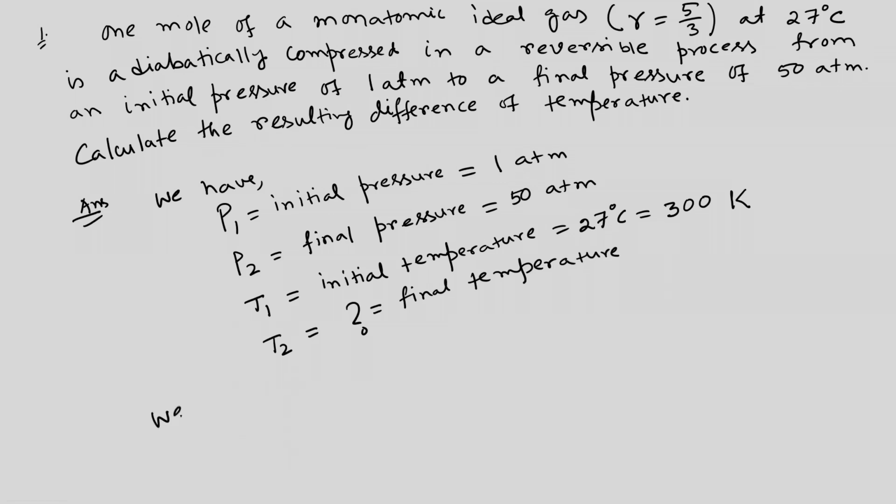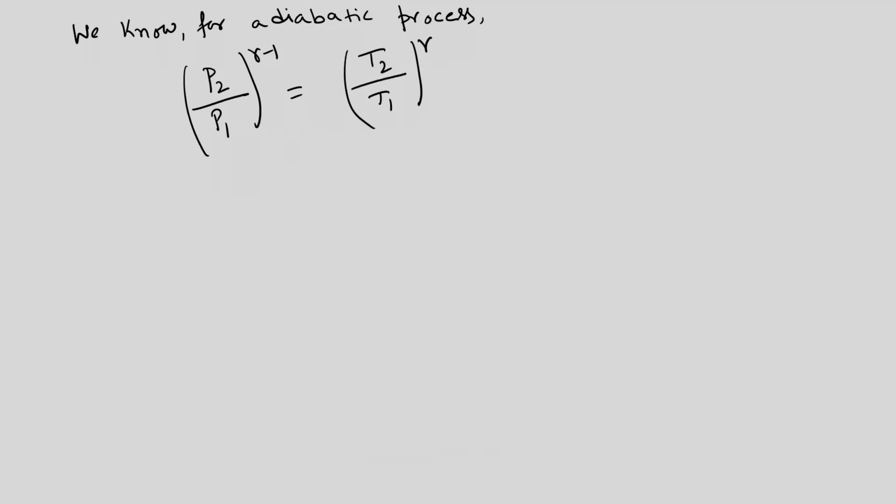We know for adiabatic process, P2 by P1 to the gamma minus 1 is T2 by T1 to the gamma. Now, gamma is 5/3.